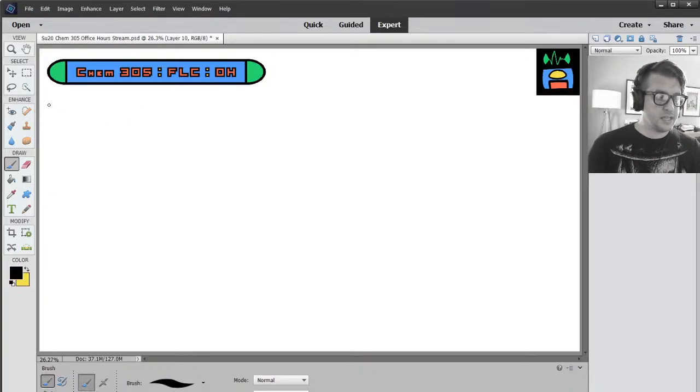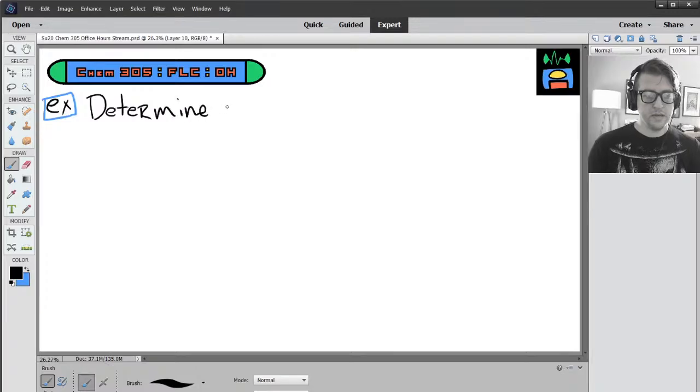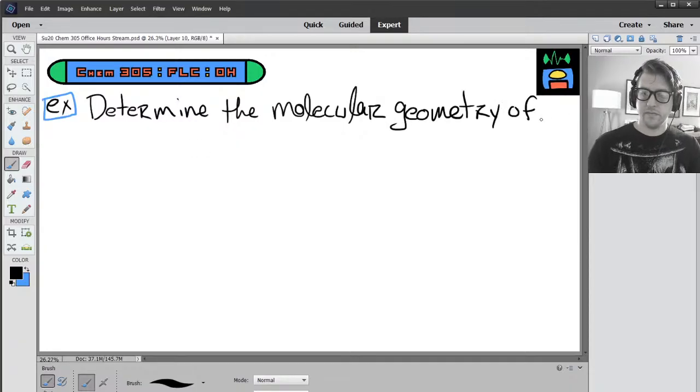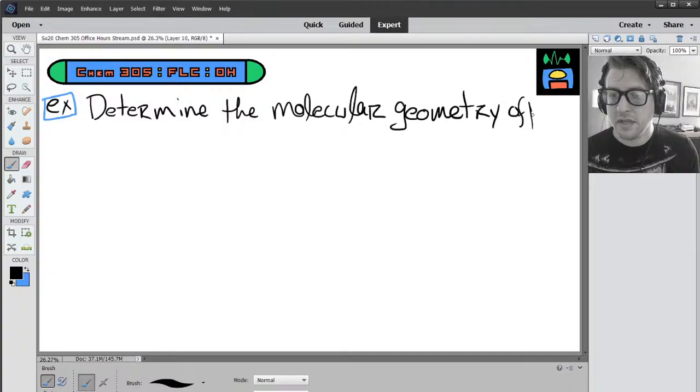So the next example is determine the molecular geometry of, give myself a little more room to work with, NI Br2.